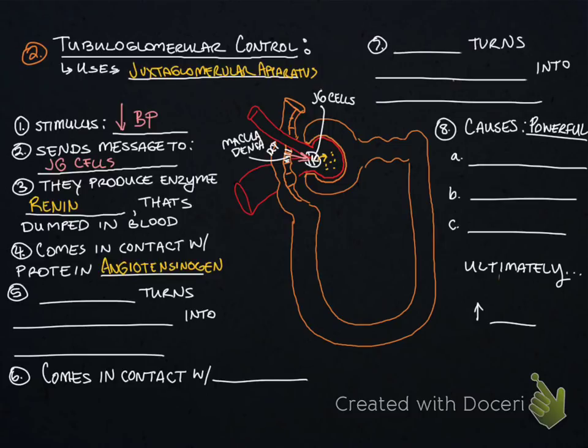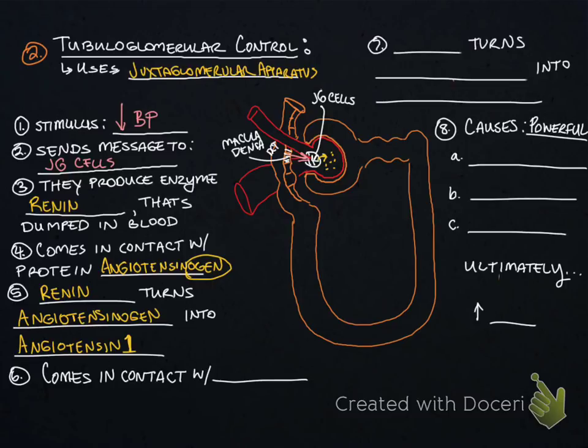Remember, this is always in the blood, is always swimming around in the blood, but is inactive because it is an ogen, which is a zymogen, and needs to be activated. So once renin turns angiotensinogen active, it will become angiotensin 1.